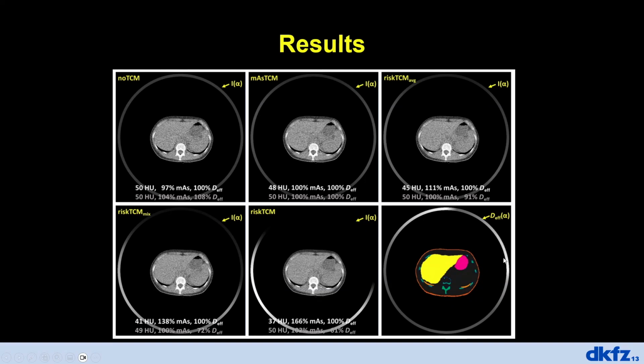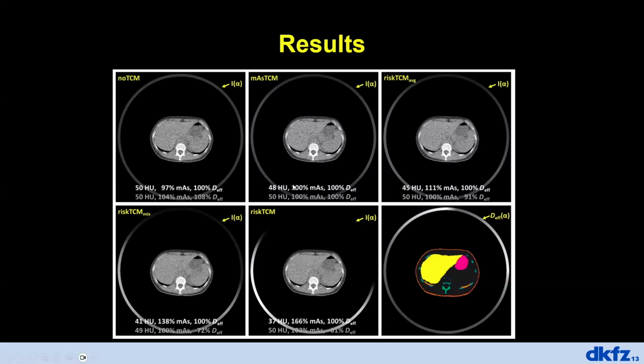So also here, our patient would be exposed to a rather high effective dose, and his risk would increase. This is not considered in MAS TCM, as I just explained. In these figures, the dark ring is the tube current modulation curve, and what we see here is that the tube current is slightly increased for lateral views and slightly reduced for anterior-posterior views.